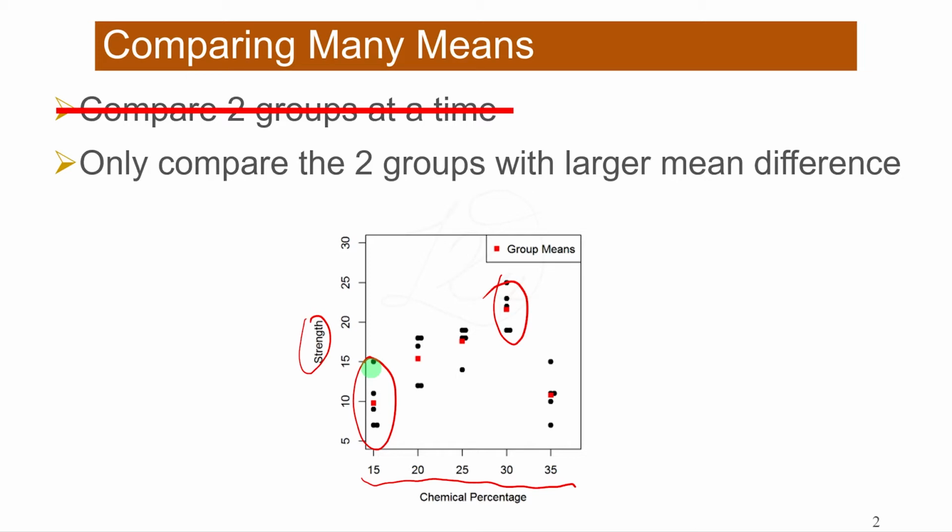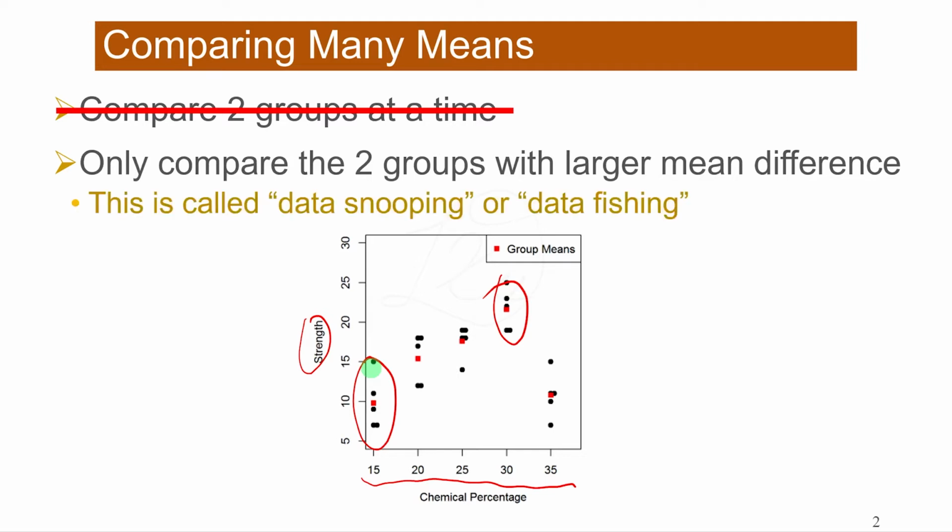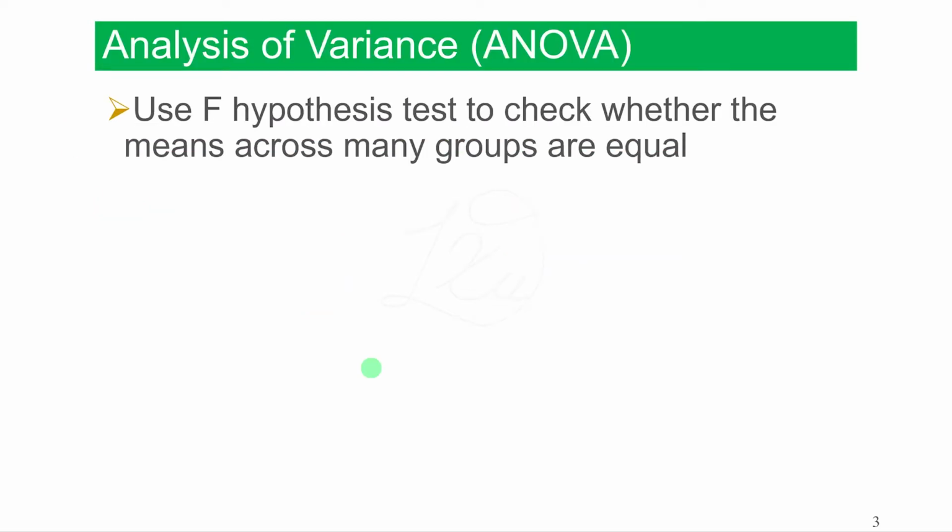It is inappropriate to examine all data by eye and only afterwards decide which parts to formally test. This is called data snooping or data fishing. Naturally, we would pick the groups with the large differences for the formal test, leading to an inflation of error. So this doesn't work. In this video, we will learn a new method called analysis of variance, the ANOVA.